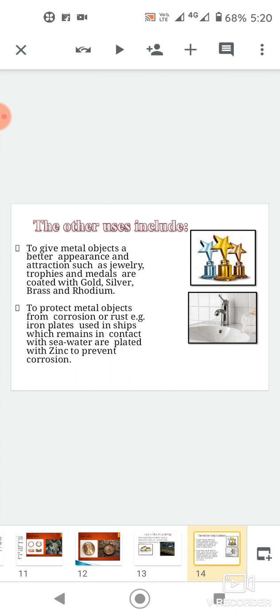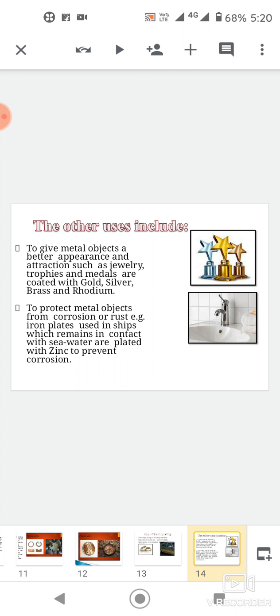The other uses include giving metal objects a better appearance and attraction, such as jewelry, trophies, and medals coated with gold, silver, brass, and rhodium.